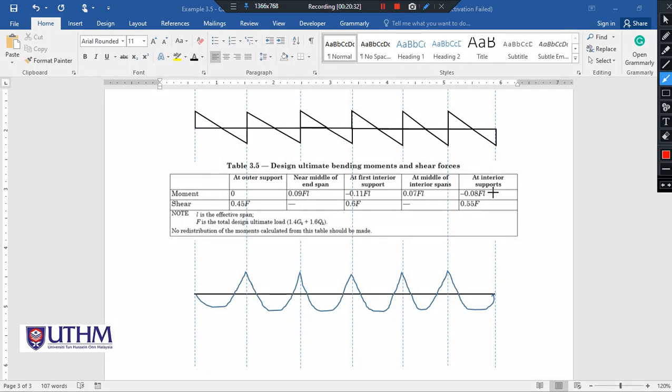Next is at the interior support. Negative 0.08 FL is at this point, and this is the moment at the interior support. So this is how we read table 3.5 on the shear force diagram and also the bending moment diagram.